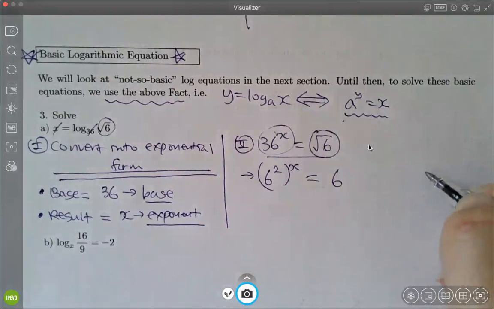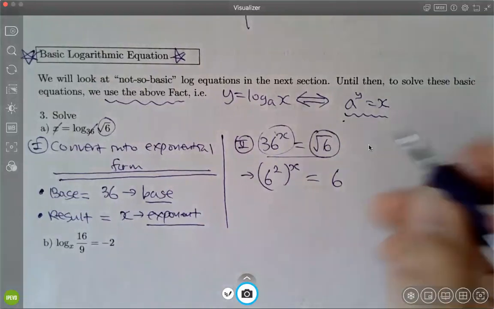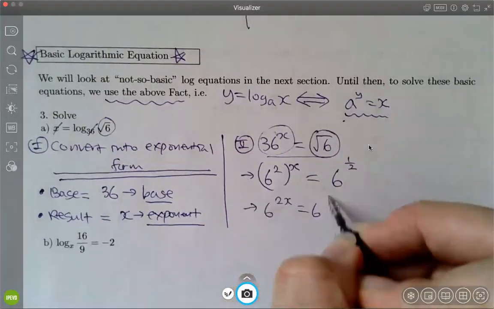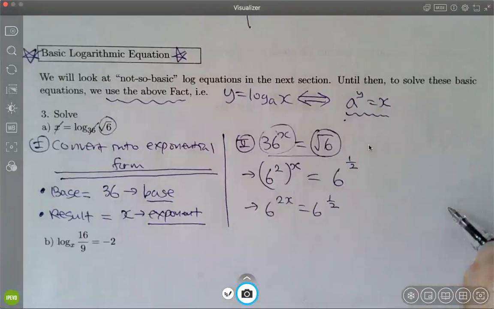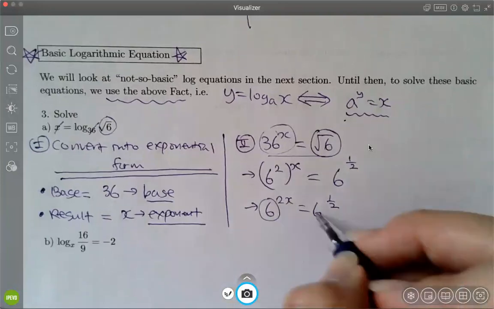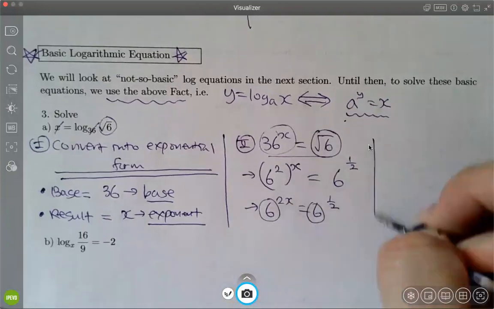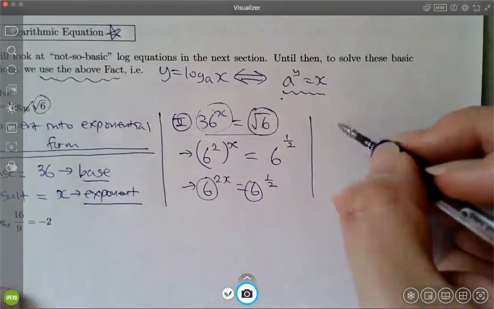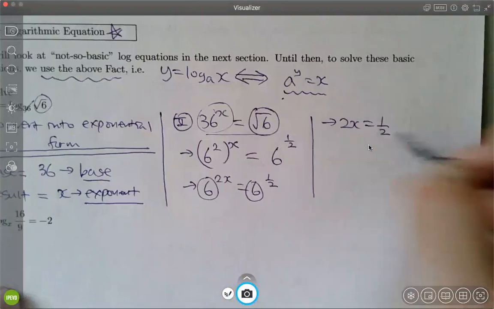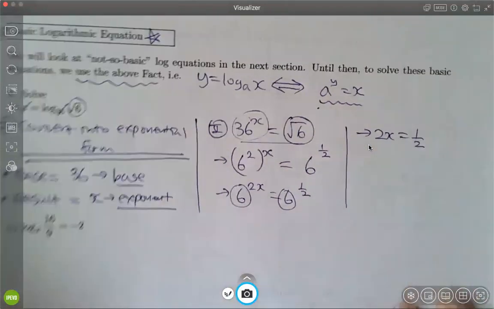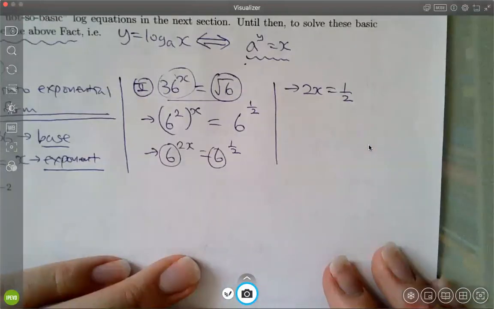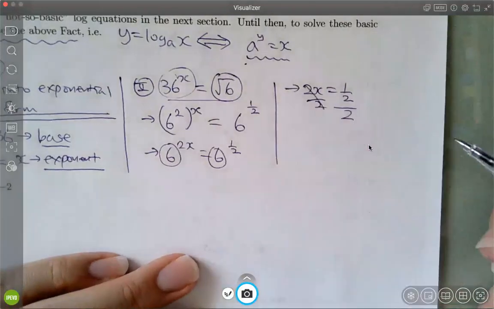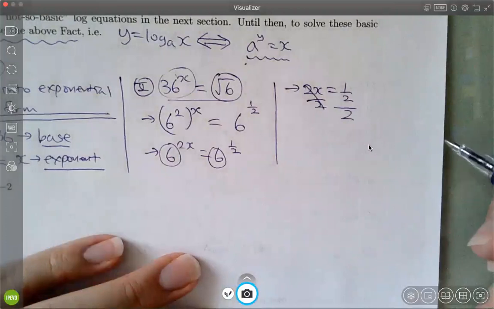Remember that. So what do we have? 6 to the power 2x is equal to 6 to the power 1/2. And so we have the same basis, right? So what does that mean? The exponents are the same, right? So 2x is equal to 1/2. Okay, so divide by 2. So what do you get? It's a half of a half, right? So what is that? A quarter, right?